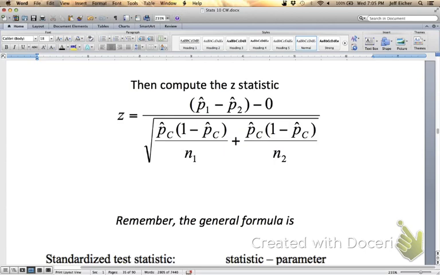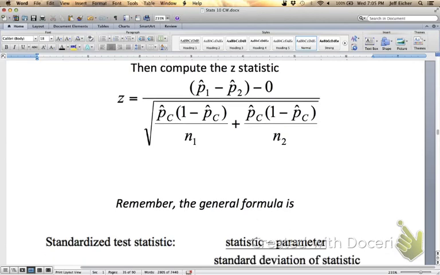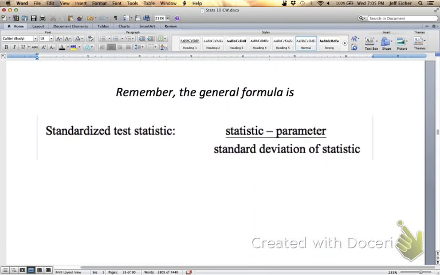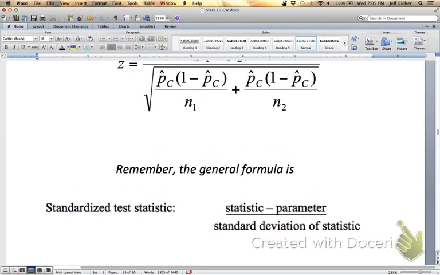This very complicated formula is not given to you on the formula sheet, but I will remind you that the general formula for a z-score, for instance, is statistic minus parameter divided by standard deviation of statistic. So let's look at this formula.